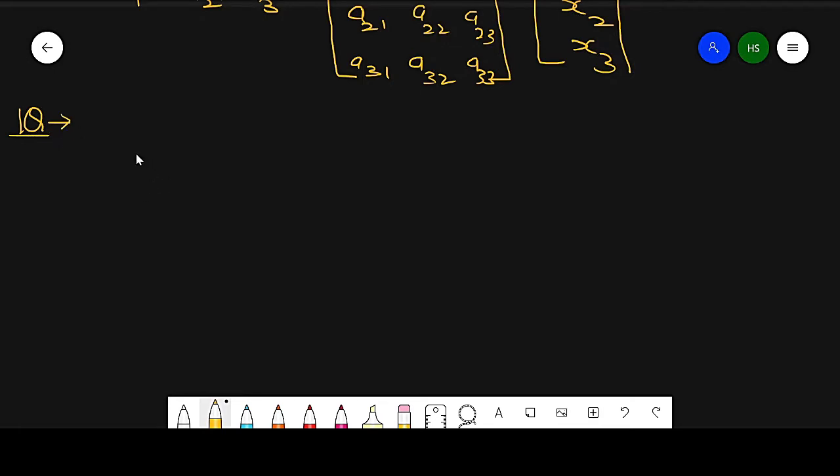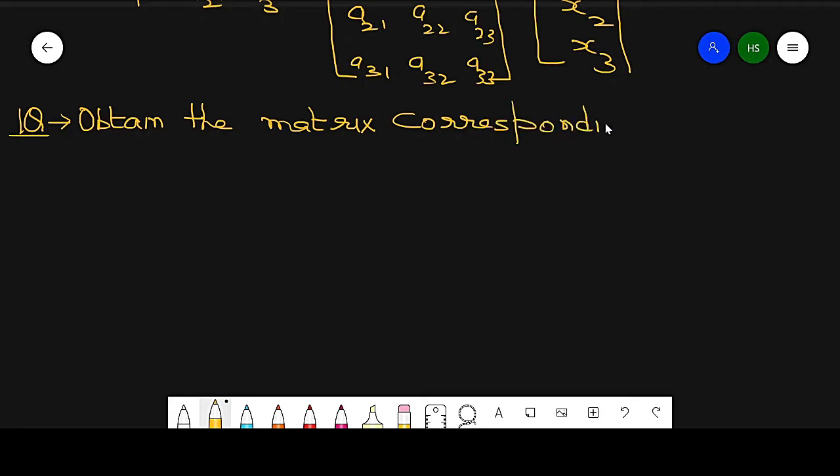Obtain the matrix corresponding to the quadratic form.